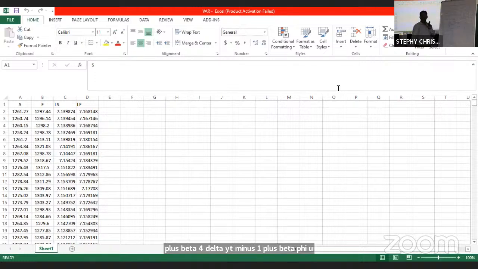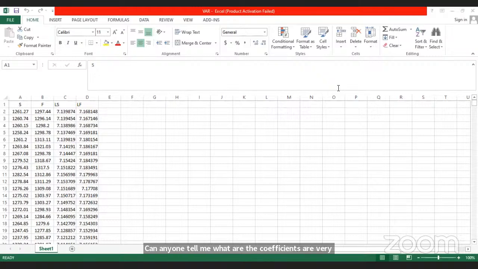Can anyone tell me which coefficients are very important in the first equation? How many coefficients are very important? So beta 1 and this should be beta 2, and this should be 3, 4, 5, 6, 7, beta 8 delta.